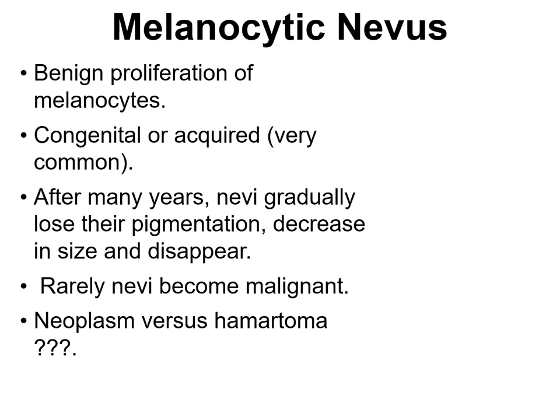So some scientists call it hamartoma rather than a neoplasm. Most scientists call it a benign neoplasm or benign proliferation of melanocytes, but some call it hamartoma because in some cases it may be accompanied by proliferation of the keratinocytes in the overlying epidermis.